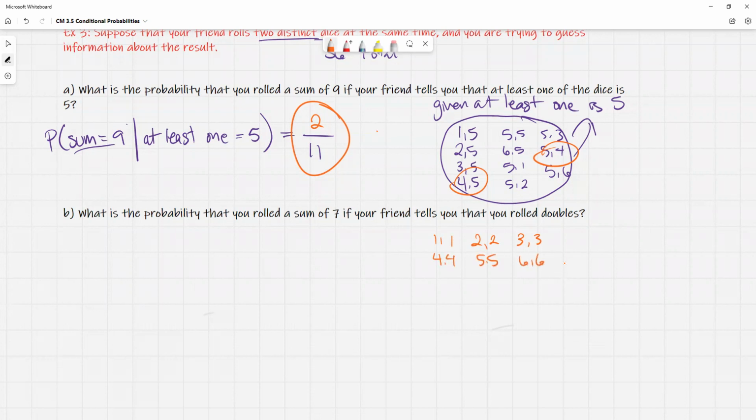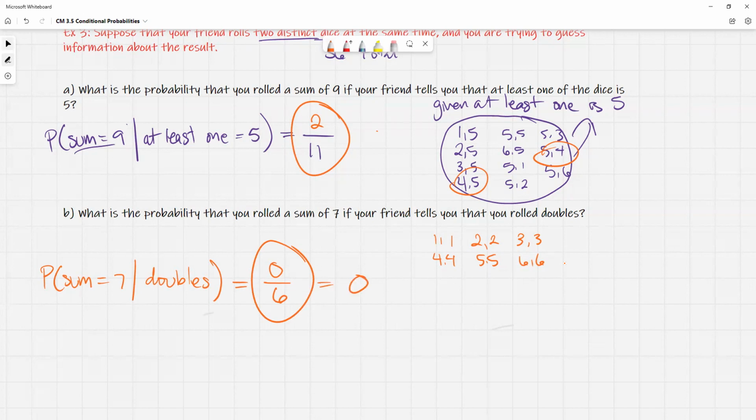The probability that our sum is equal to 7, given that we rolled doubles: our new denominator is 6. Out of these options that we've cherry picked, how many give us a sum of 7? Hopefully you are saying 0. So our answer is 0.